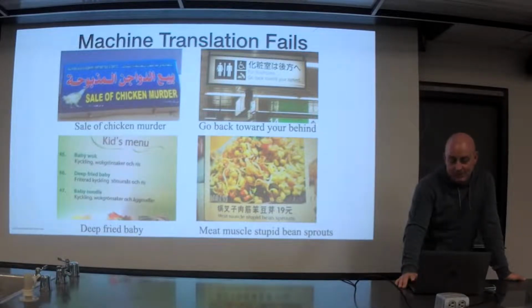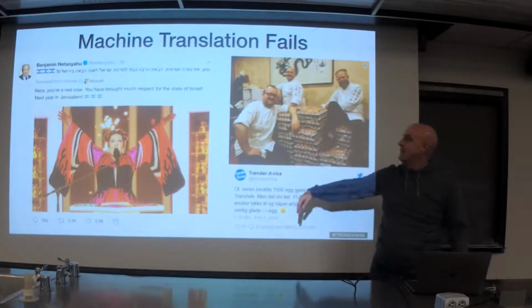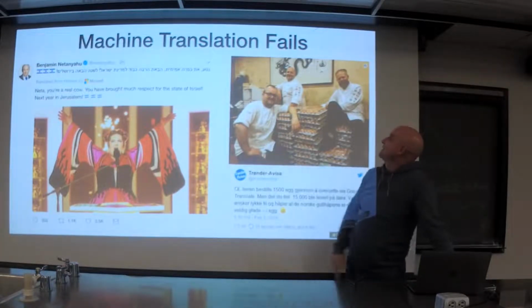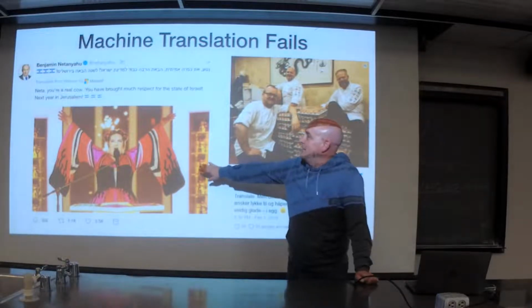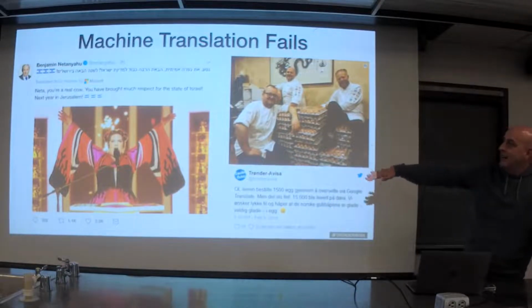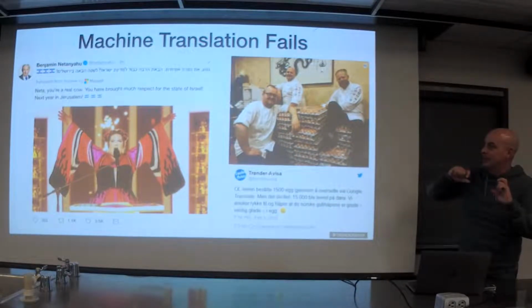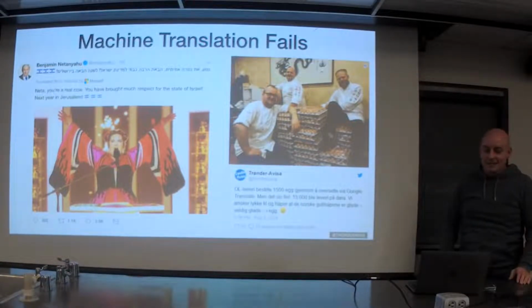But there are some really high profile ones that happened in the not too distant past. Here's a classic one. Benjamin Netanyahu was Prime Minister of Israel at the time. Netta, I forget her full name at this point, but she's a very famous Israeli performer.